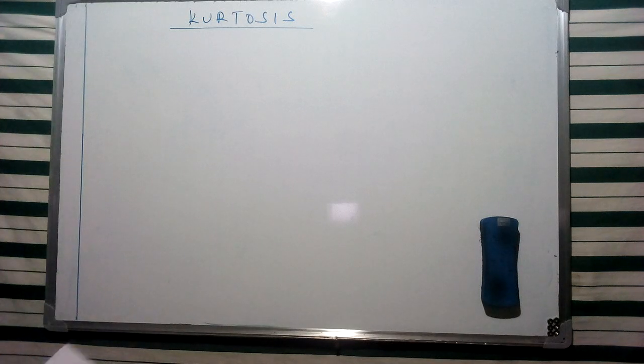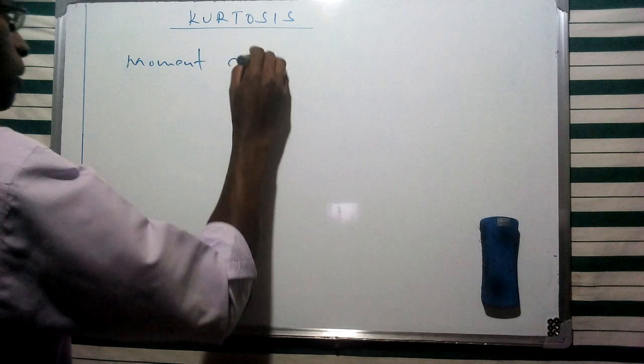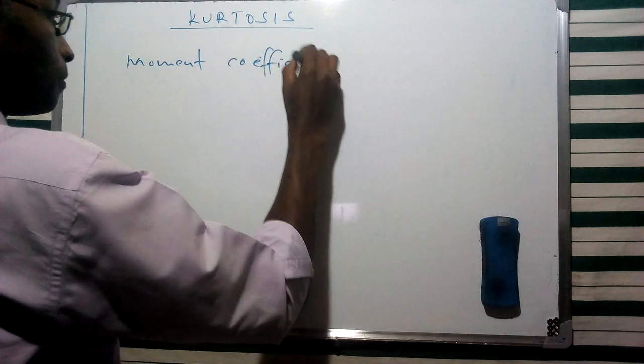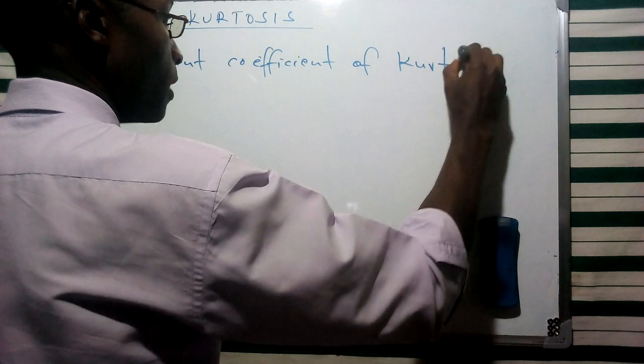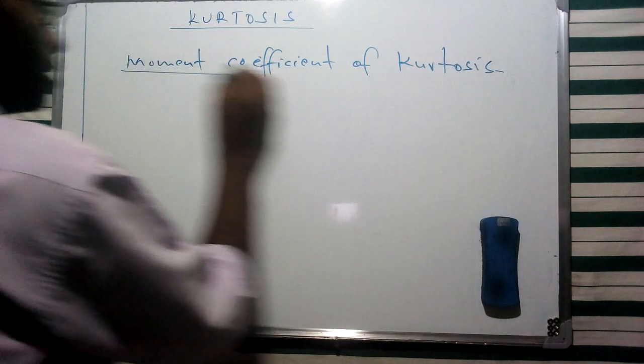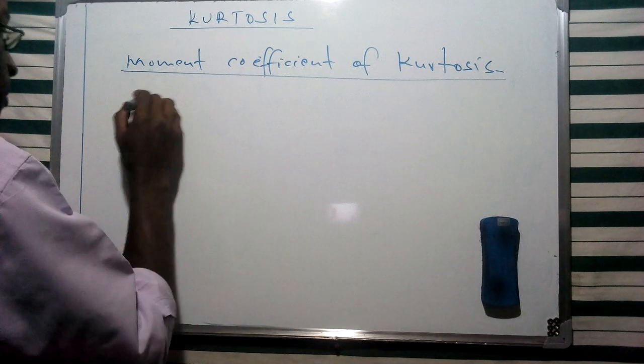Now in this case, we're going to have the moment coefficient of kurtosis as one of the methods used to measure this degree of peakedness. So this is denoted by a symbol.